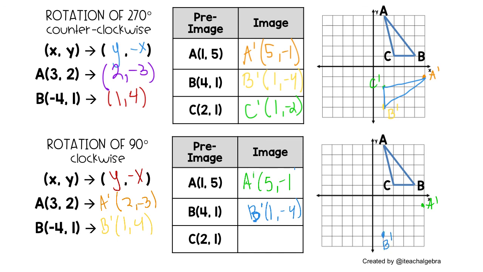And C's at 2, 1, so C prime is at 1, negative 2. So 1 right, 2 down is C prime. Let's try that again. There we go. So counterclockwise 270 degrees is the same as clockwise 90 degrees.